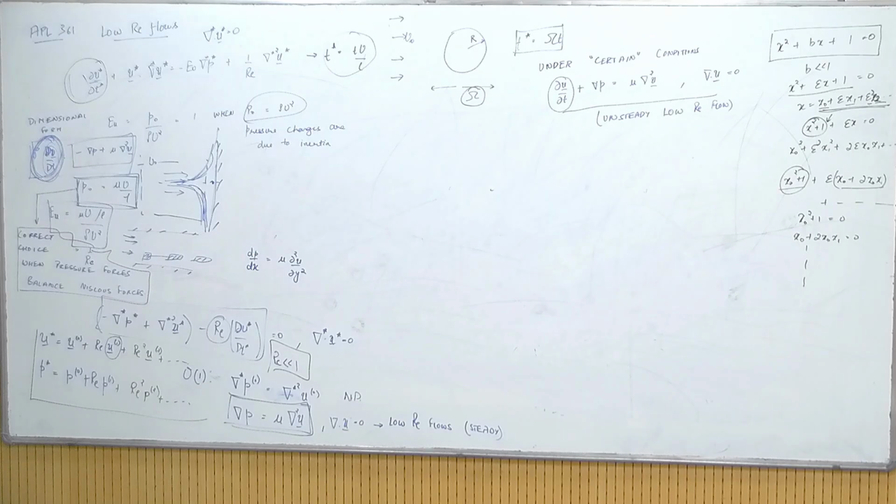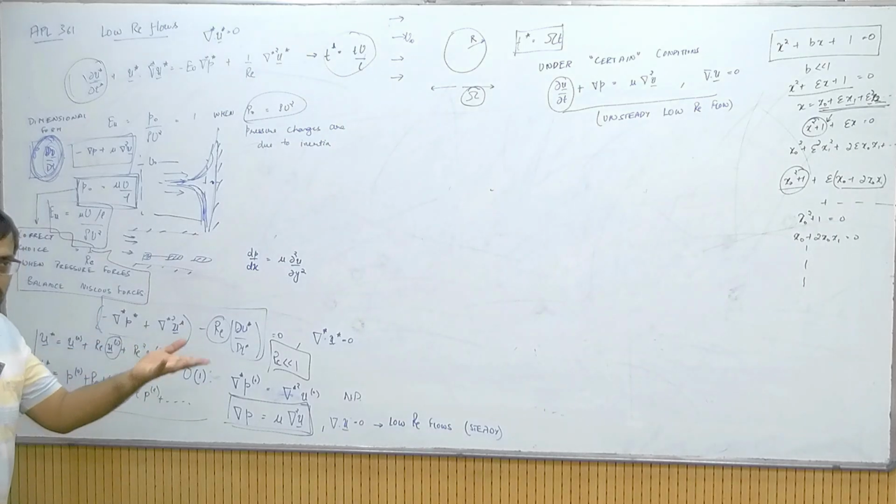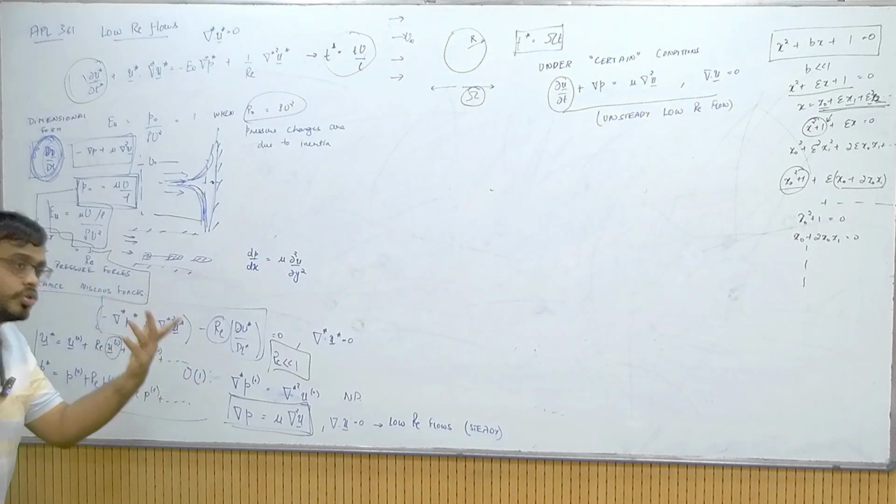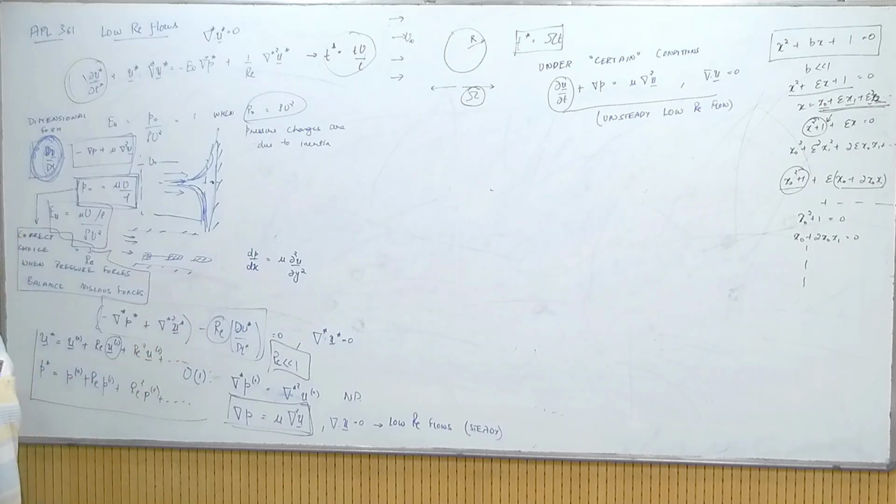Question: for the higher order solution as well, there you will have other terms, and in order to solve them you may have to assume that the flow is steady from the beginning, otherwise you will end up with a Navier-Stokes equation to solve, because the order one solution assumes the flow is steady. No, that's not necessary at all. These higher order corrections u1, p1, u2, p2 could be functions of time as well.